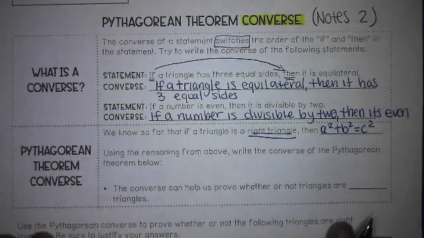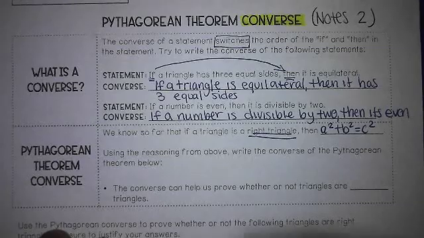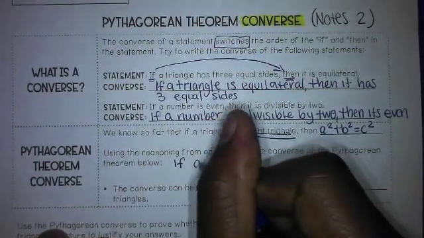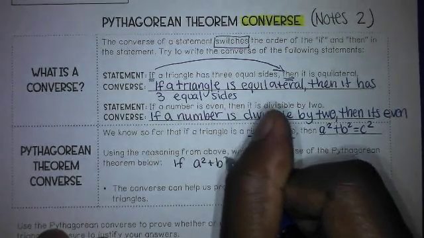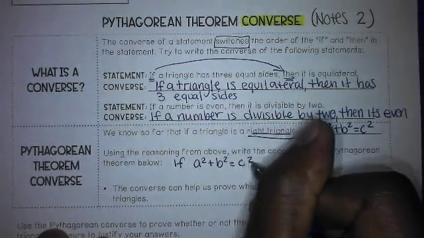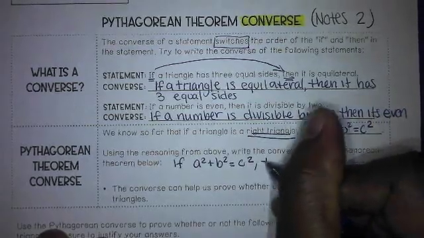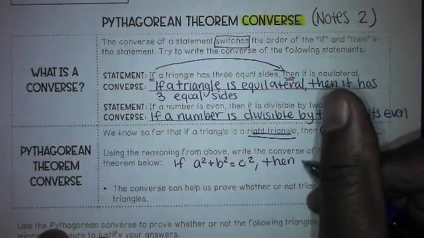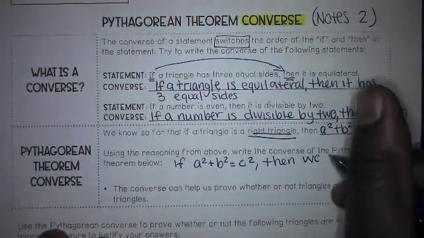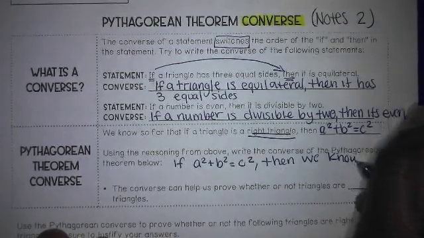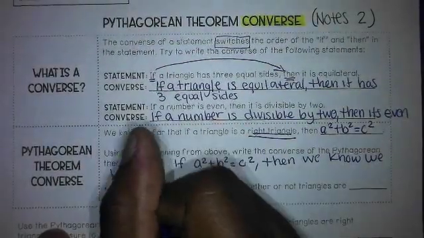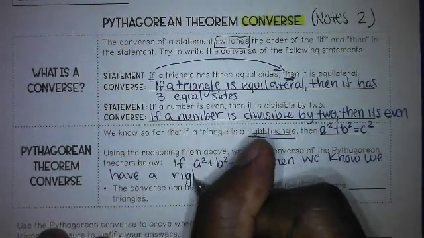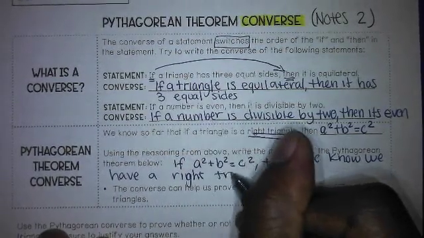Okay, so you should have tried to change it around. If a squared plus b squared equals c squared, then we know we have a right triangle.